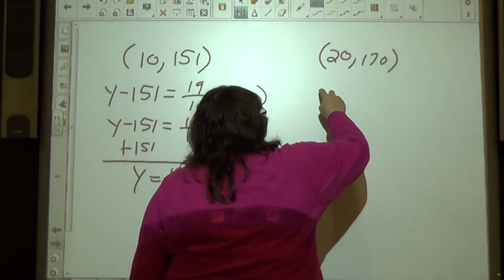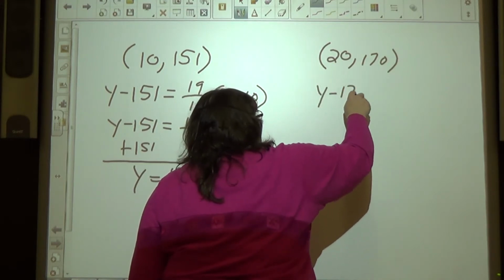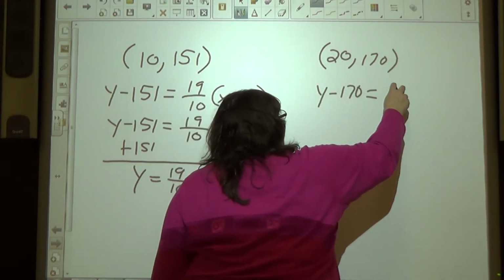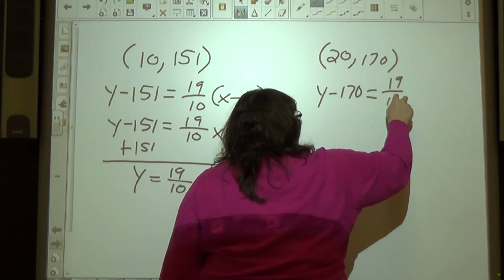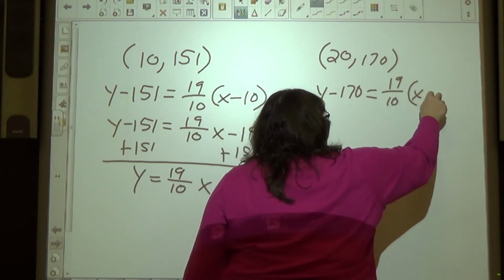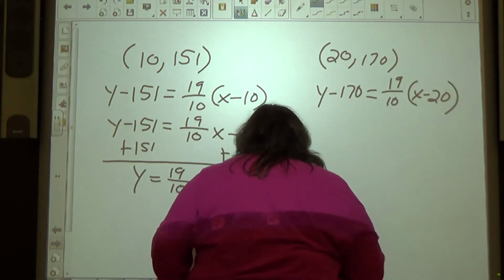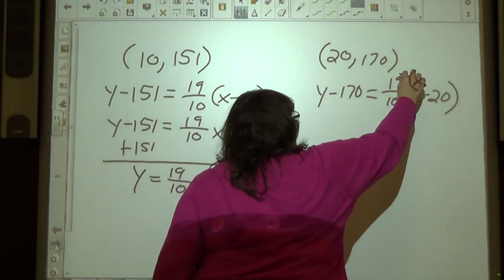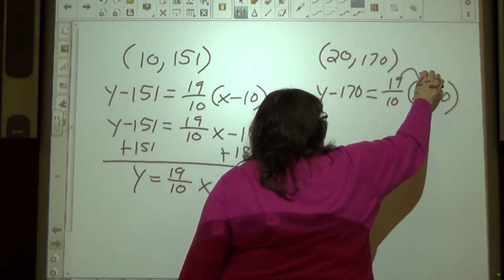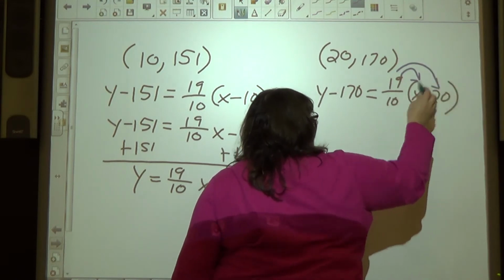Now let's look at this one. Y minus 170 equals 19 over 10 times x minus 20. Okay? Again, we get to distribute. Okay?